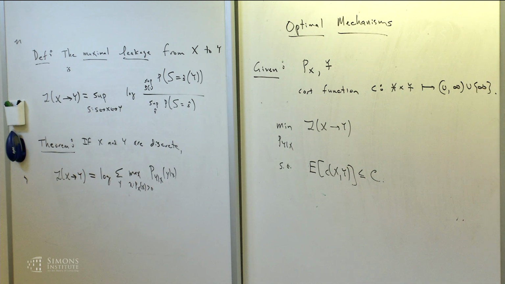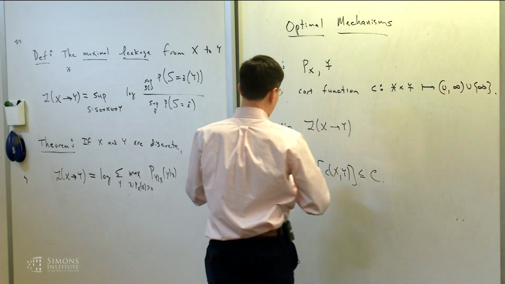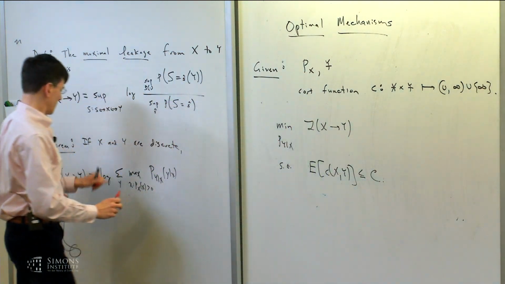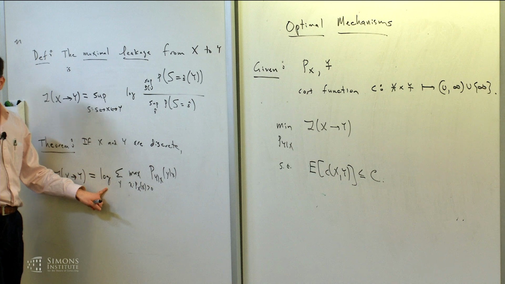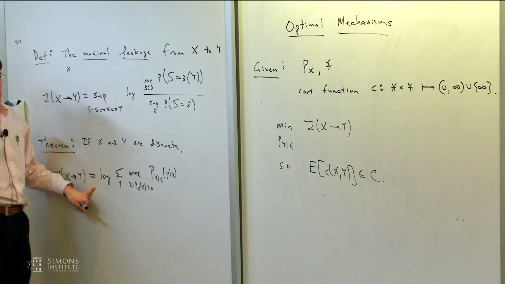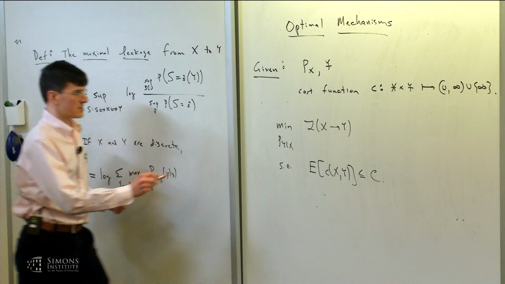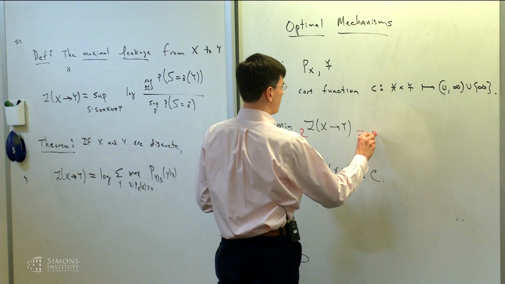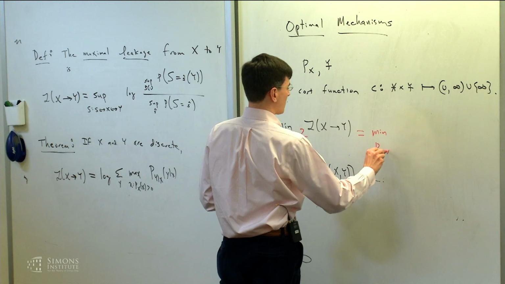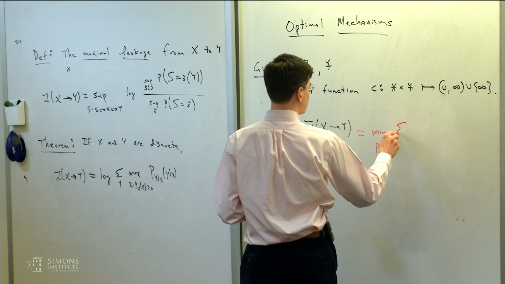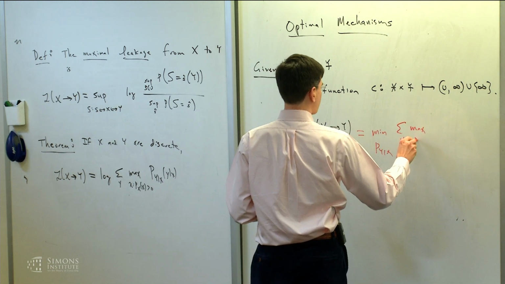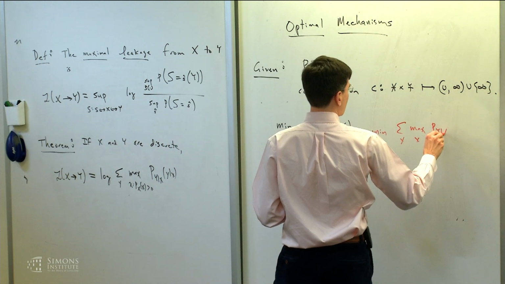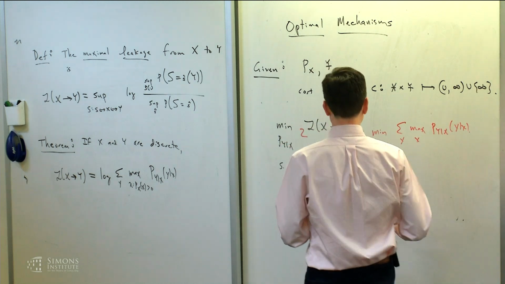It's convenient for computational purposes to eliminate the log in here. So this has an implicit log, and we'll use the computable characterization for this. It's helpful to eliminate the log, so I'll just take 2 to the power of that. Then you're minimizing over the mechanism the sum over y of the max over x. Let's suppose it's full support, in which case you don't need that condition carried along.